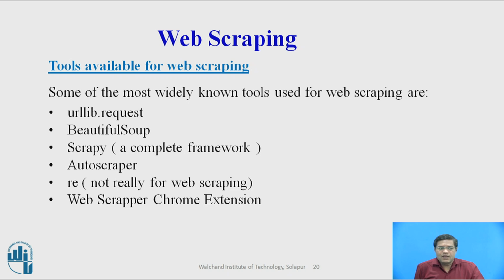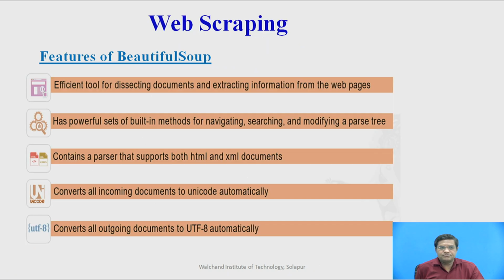Both are available in the Python programming language, so using these two tools, we can do the web scraping process. Others are also important, but mostly urllib.request and Beautiful Soup are very popular tools: urllib.request only for extracting the web page and Beautiful Soup for cleaning the web page data.